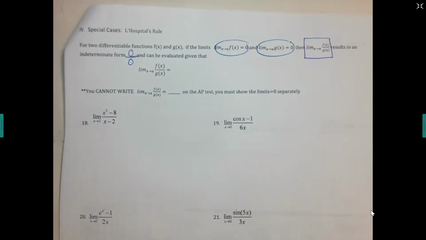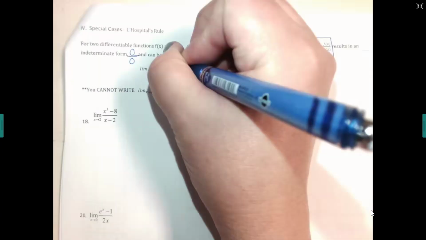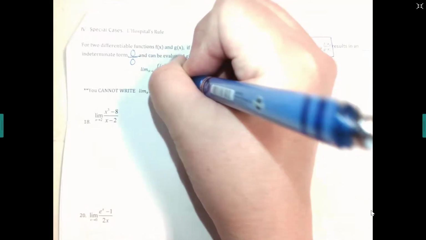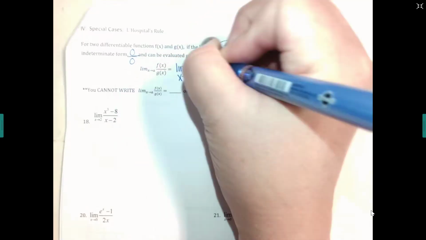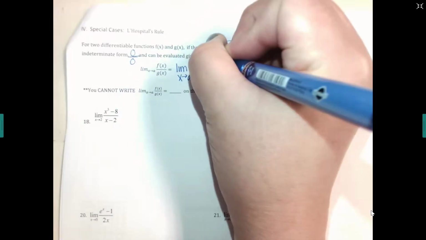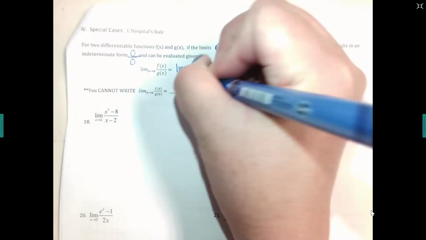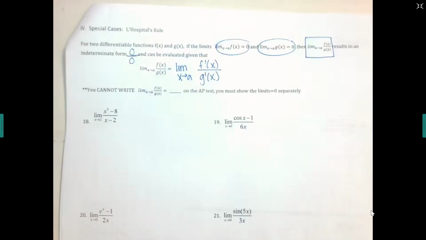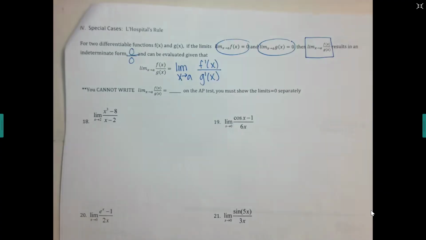What L'Hopital discovered is that you can redo the limit using the derivatives of the top and the bottom. Now, notice you're not doing quotient rule for L'Hopital's rule. f, the top, goes to f prime. g goes to g prime, and then you just try the limit again. So let me show you what I mean.